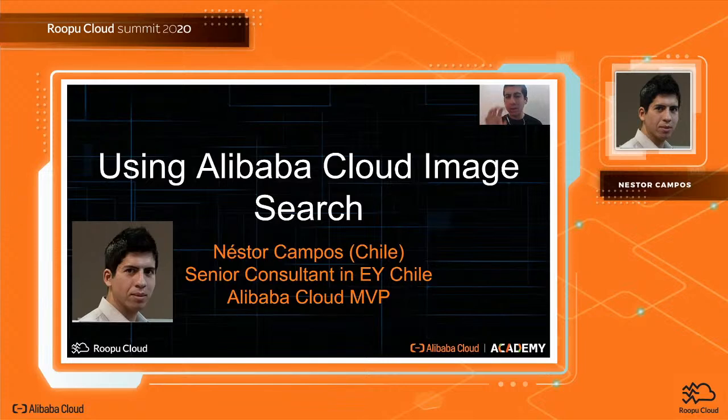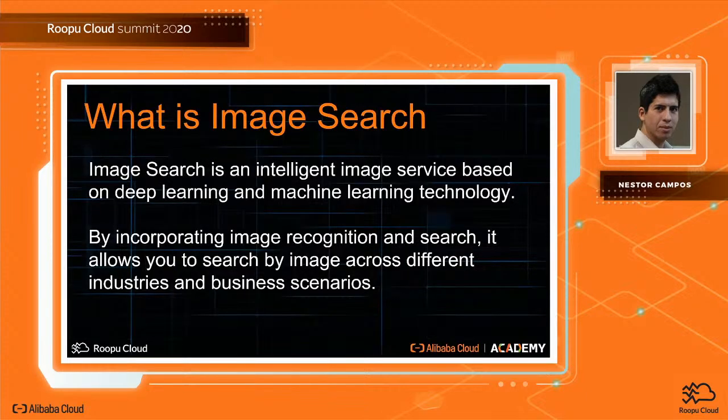And right now, I'm going to talk about Alibaba Cloud Image Search. So the first question really is, what is Alibaba Cloud Image Search? It is an intelligent image service based on deep learning and machine learning technology or platform or service.